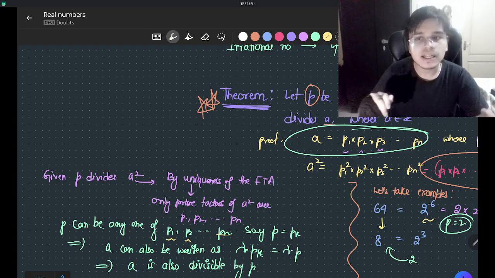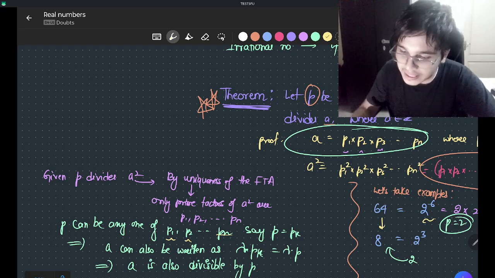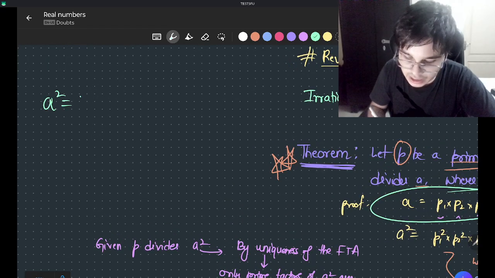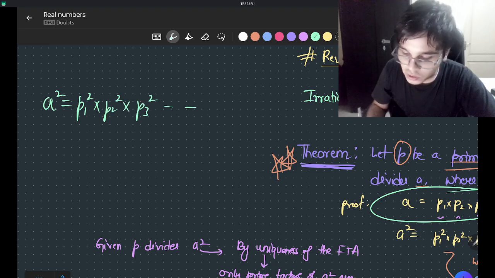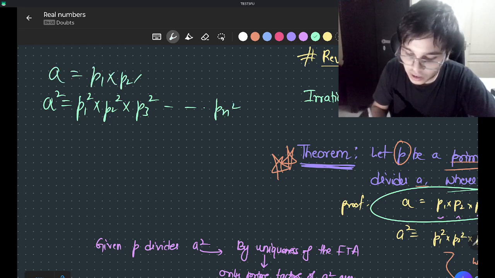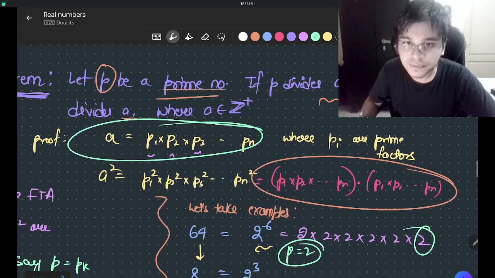You can intuitively understand, but let's try to prove it mathematically. Say a square can be written as p1 square into p2 square into p3 square, and so on till pn square. a can be written as p1 into p2 into p3, and so on till pn, like I've written here.